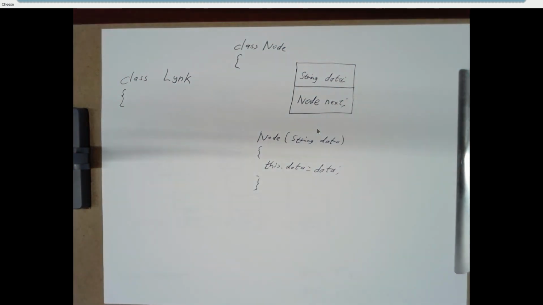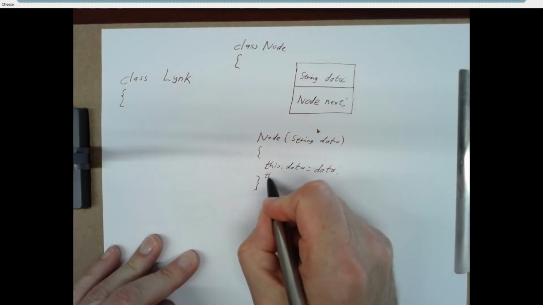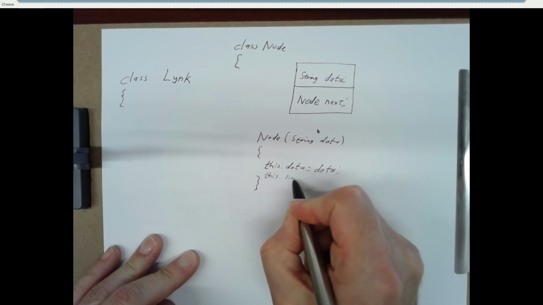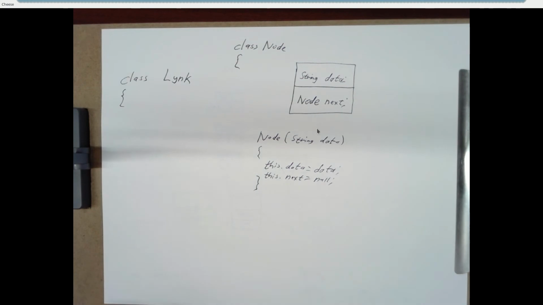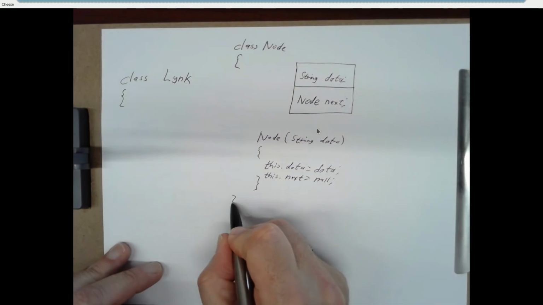So when we construct it, we'll pass a string, and it will set the data field equal to that string. And let's go ahead and set the next field equal to null. And that's probably all we need for our node class.